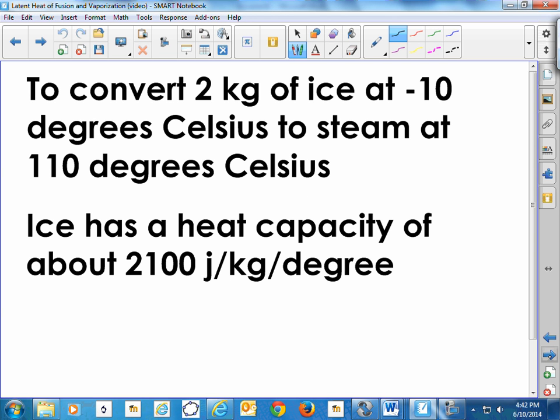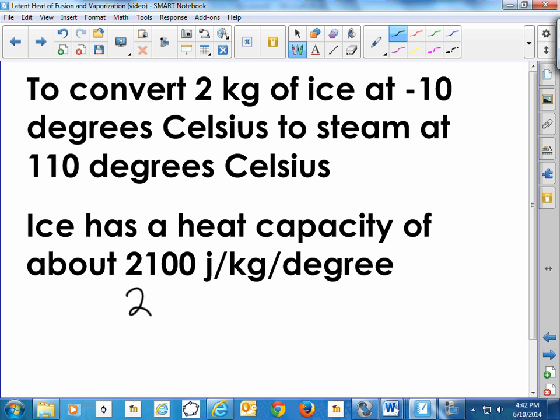Okay, so let's heat it up from -10 to 0 degrees first. Ice has a heat capacity of about 2,000 joules per kilogram per degree.